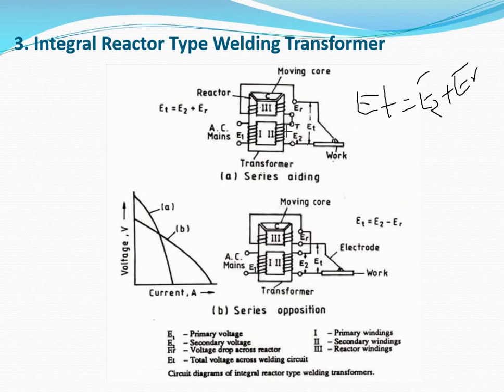Now, series aiding connection produces a stable arc at low currents, and that is employed for welding thin plates.